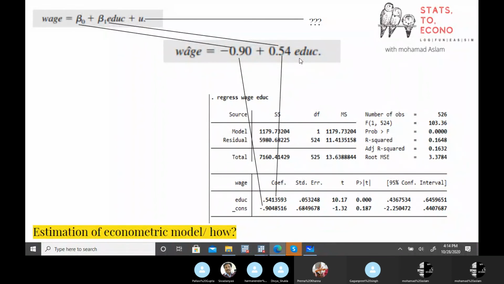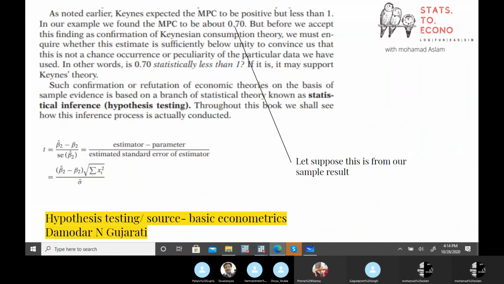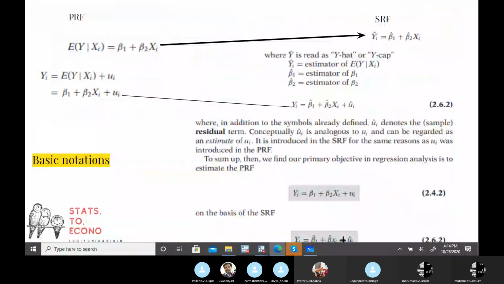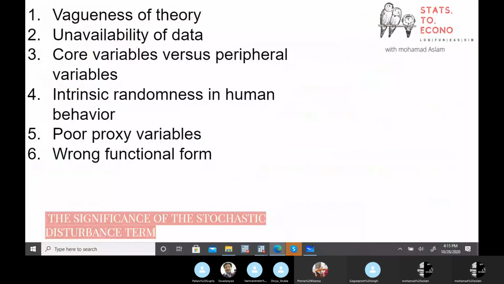Those factors can be put in the error term, the residual in the regression. So this error term can capture all of that. Second, suppose you know the variables, but the data is not available. Then also the error term covers all other things.